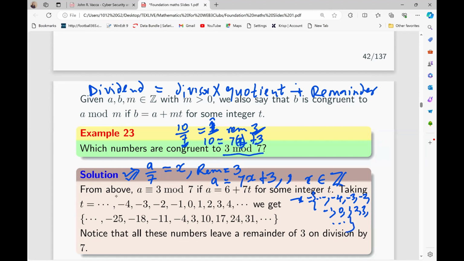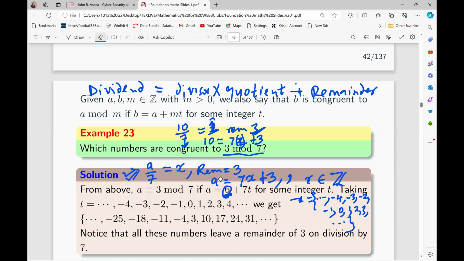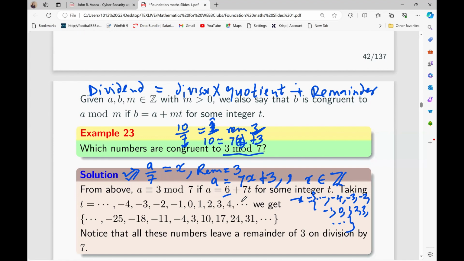This was a mistake here. It's supposed to be 3, not 6. Now, that is how we do it, where X is an integer.